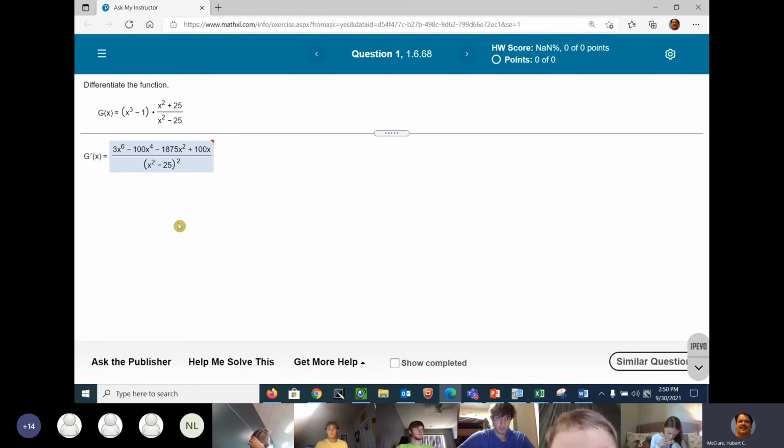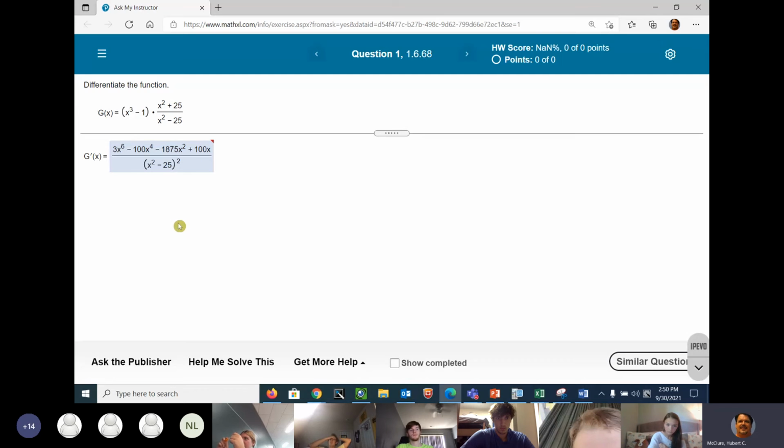So let's look and see what I've got wrong. This 6 right here is not right. And that 2. Okay, the 6 and the 4. 1875 is supposed to have an x squared. And that 3x is supposed to be a 6.